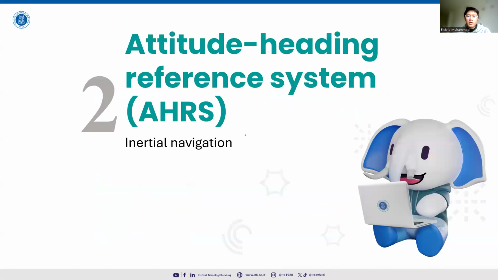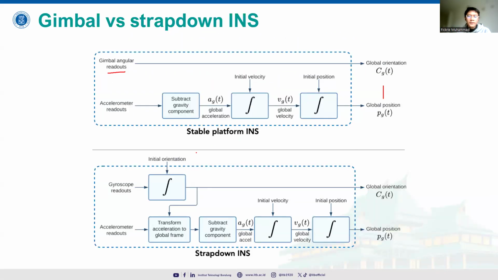So we don't have to do the combination between the gyro, for example, and the accelerometers. We don't have to do this at first to derive what we need, which is the global orientations and positions, right? The difference with the strap-down, as we discussed earlier in the previous tutorial, is that both of the sensors are reading the motions of the body of the vehicle.